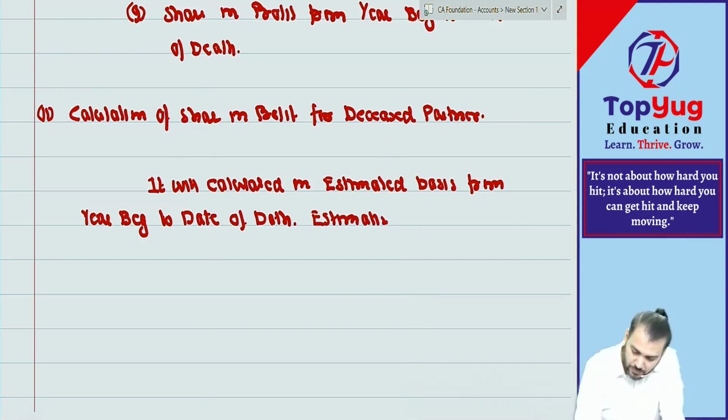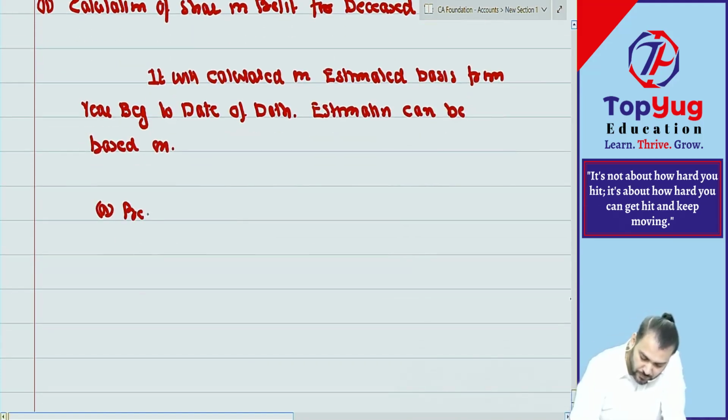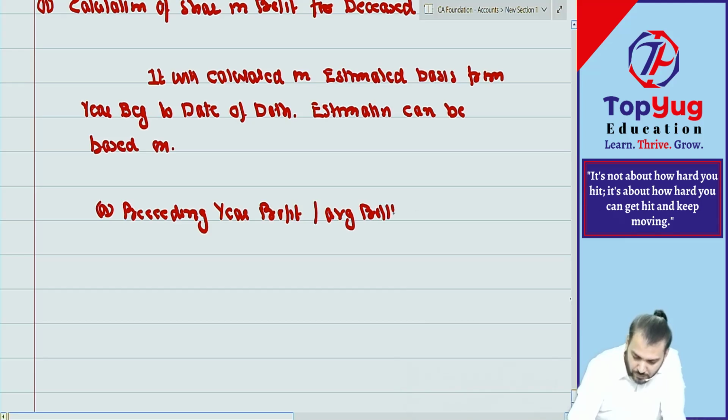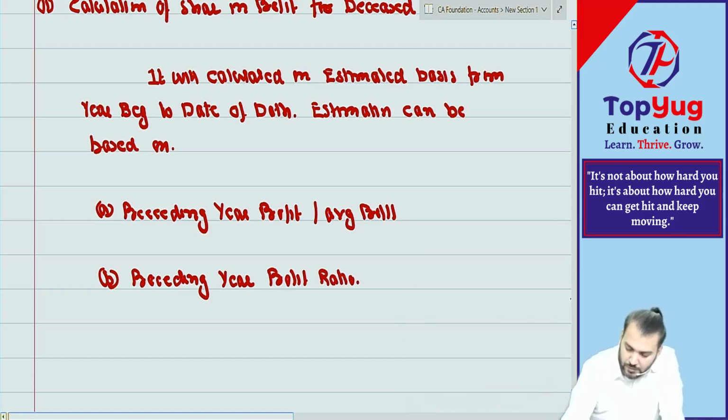Estimation can be based on point number A, preceding year profit or average profit of preceding years, profit ratio. Correct.